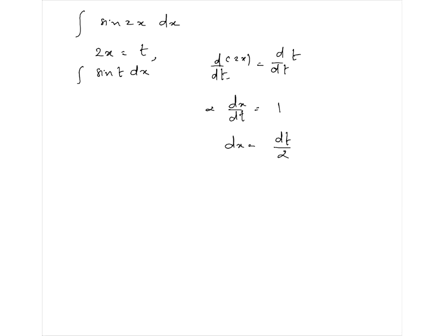So we have integral of sine t times dt by 2. And suddenly the problem is solved. This 2 is a constant. You can take it outside the integral.